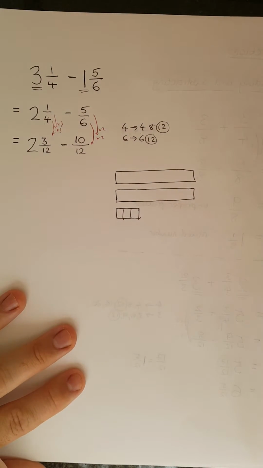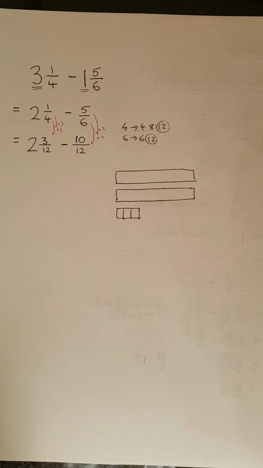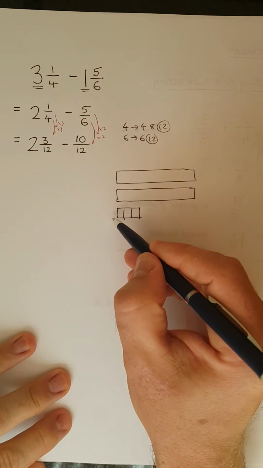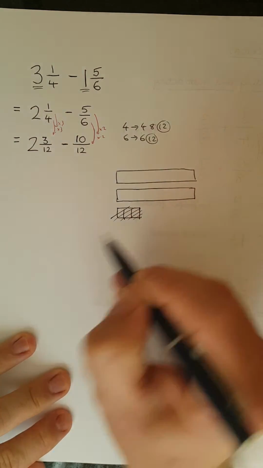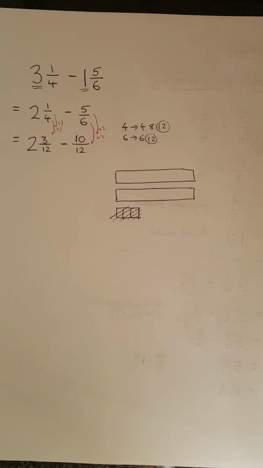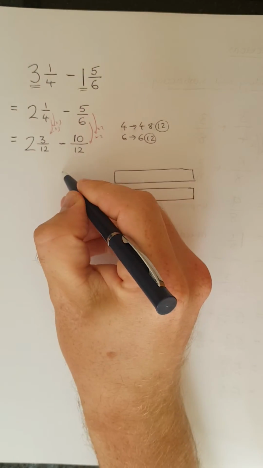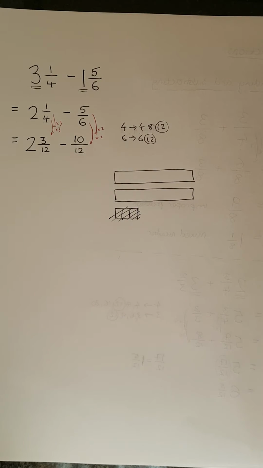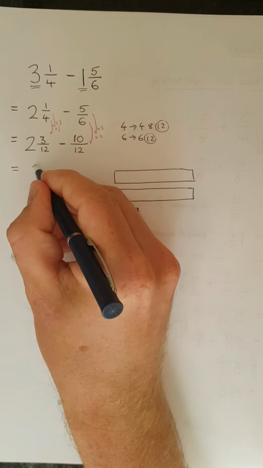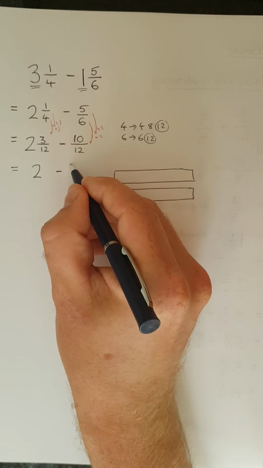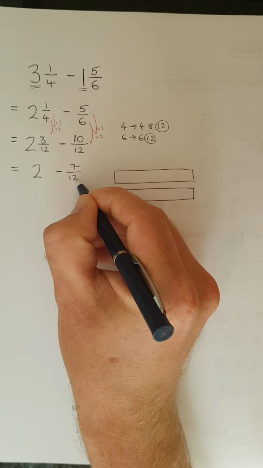Now I need to take away 10/12. So how can I do that? Well, first off, I would take away these 3. How many more do I need to take away? Well, I've taken 3, but I had to take away 10. So I've still got to take away 7 more. So what I've got is, I've got 2 whole ones left, and I've got to take away 7 more 12ths.